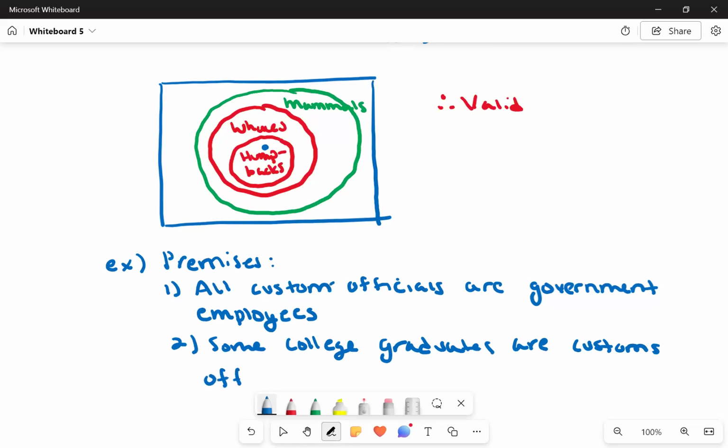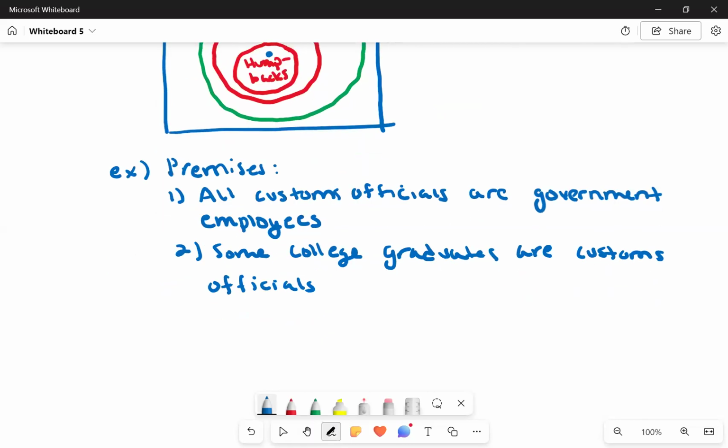I should probably say customs up there. So we're referring to those who check people into the country or at the airports, right? So the conclusion: some college graduates are government employees.